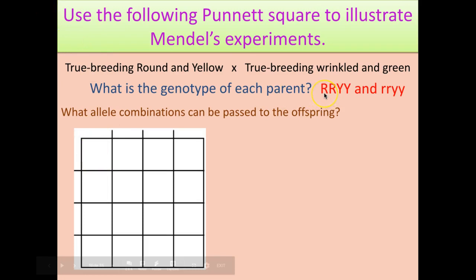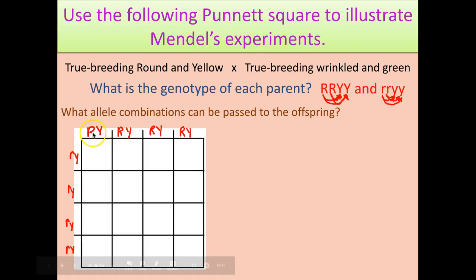All right. So our allele combinations are going to go big R, big Y, big R, big Y. Then again, big R, big Y, big R, big Y. And then over here, since they're both homozygous, we're just going to have small r, small y, small r, small y, small r, small y, small r, small y.